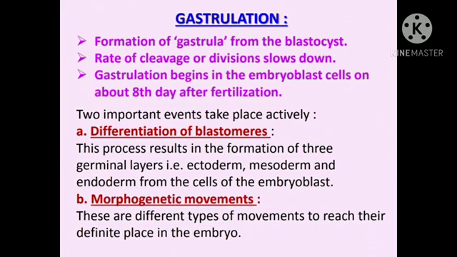There are two important events that take place actively in the gastrulation process. First is differentiation of blastomeres, and second is morphogenetic movements.